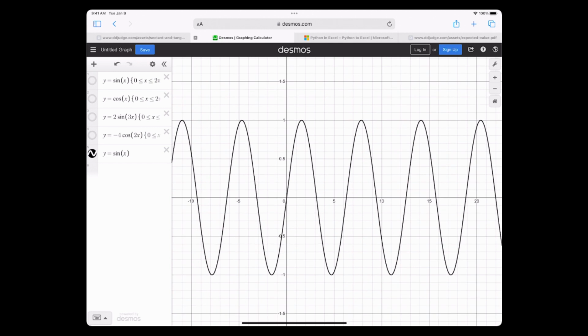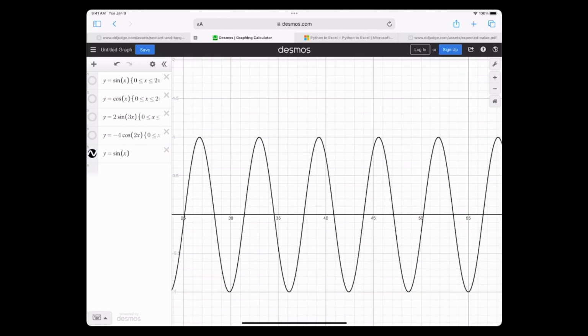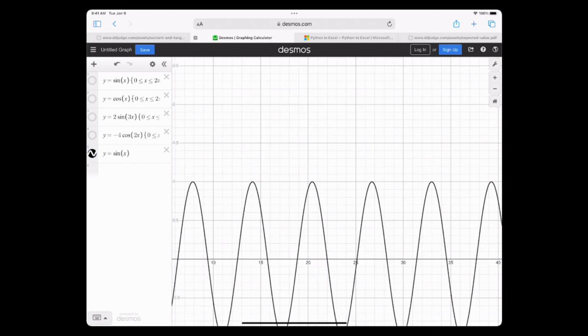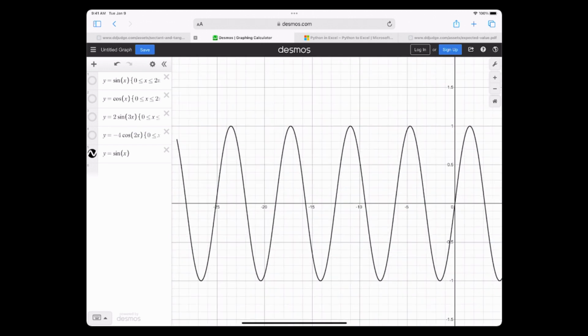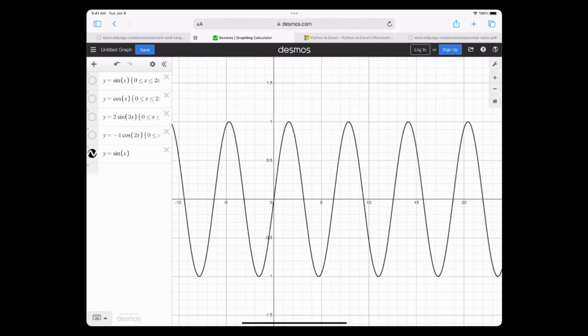Well, here's sine in general. What you're looking at is what's called infinitely many cycles, because that goes on forever. I could say, hey, let's go to the right. Well, that goes on forever, doesn't it? Let's go to the left. Doesn't that go on forever? So sine is what's called periodic, and there's infinitely many cycles.